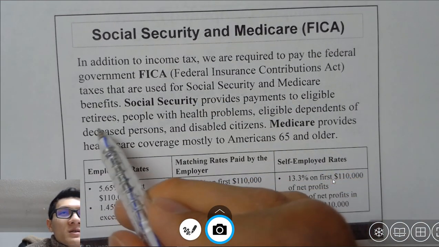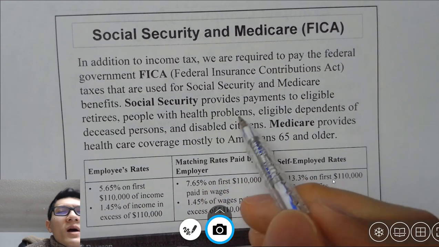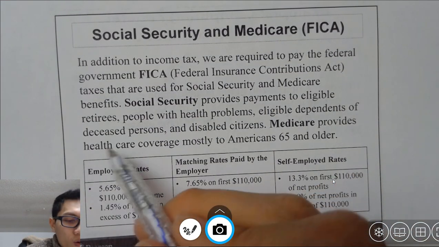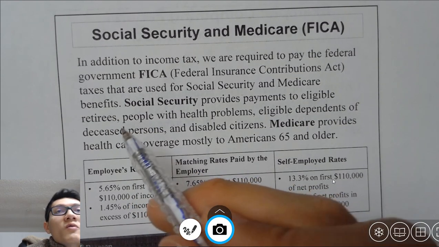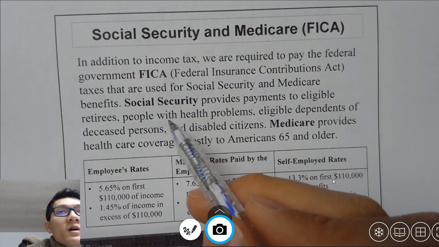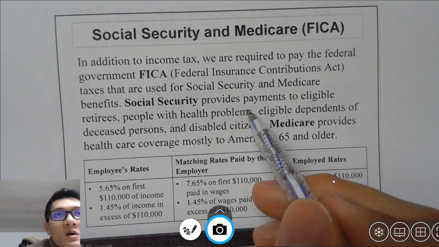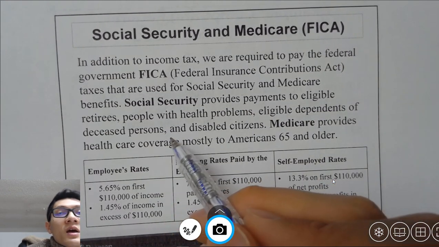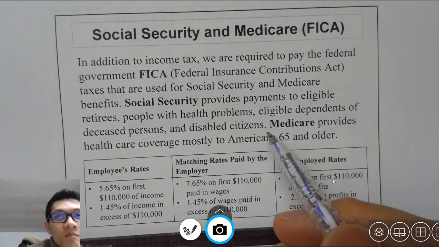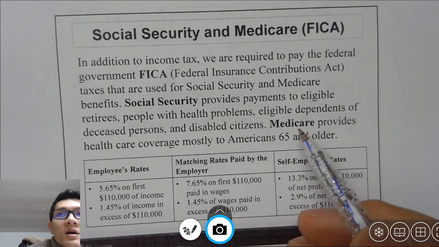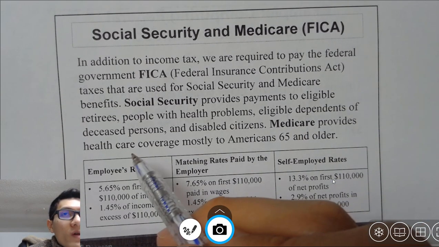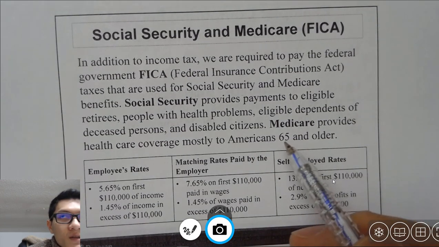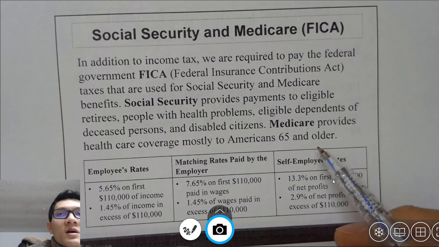Social Security provides payments to eligible people who are retired or have health problems, eligible dependents of deceased persons, and disabled citizens. Medicare provides healthcare coverage mostly to all Americans 65 years of age and older.